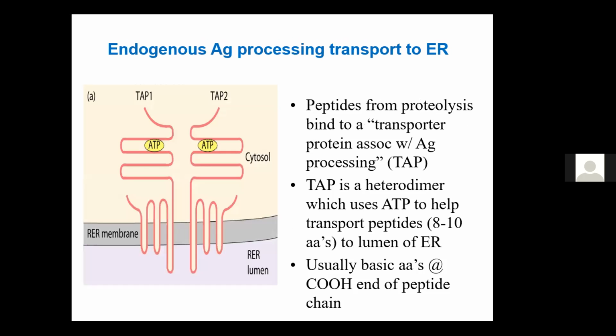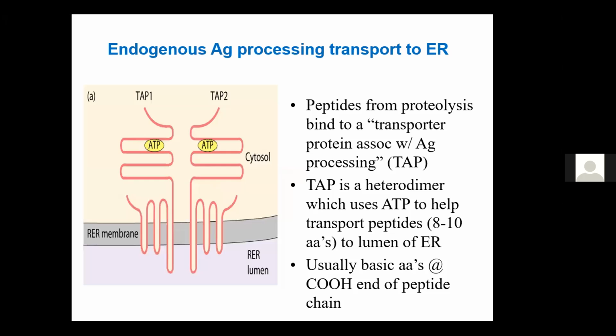Now let's look at the endogenous processing of this antigen further. The peptides that have already been generated from the proteolysis process are bound to the transporter proteins associated with antigen processing, which we call TAP. So we have TAP1 and TAP2.